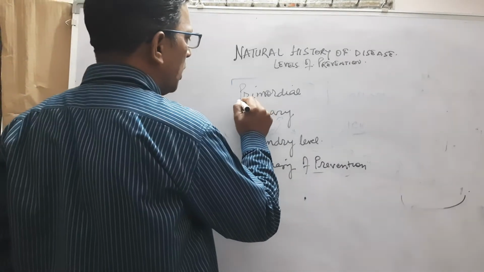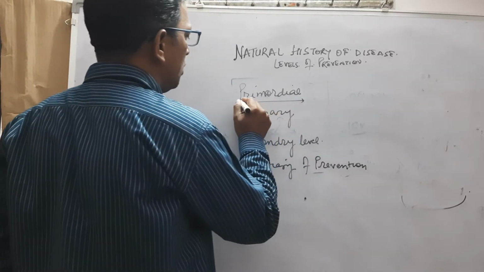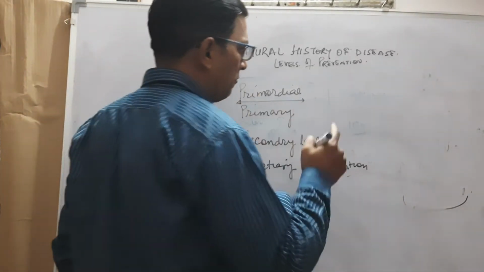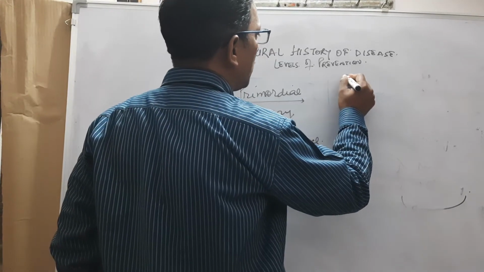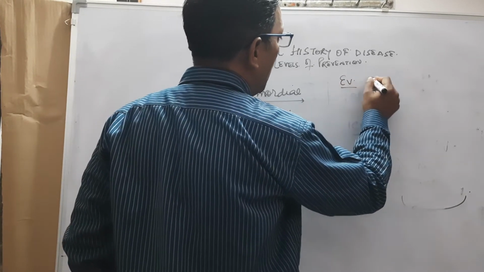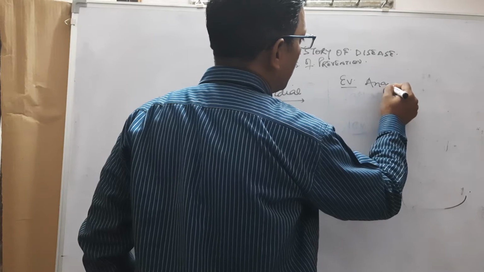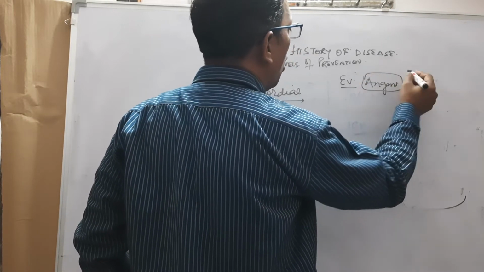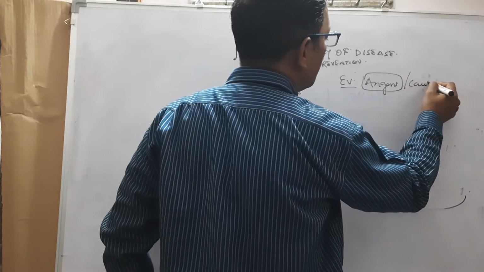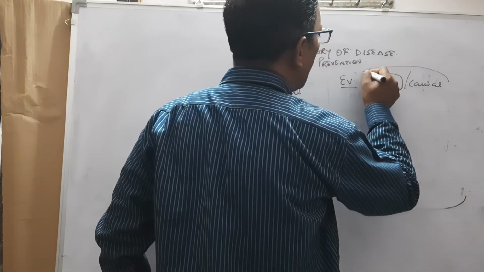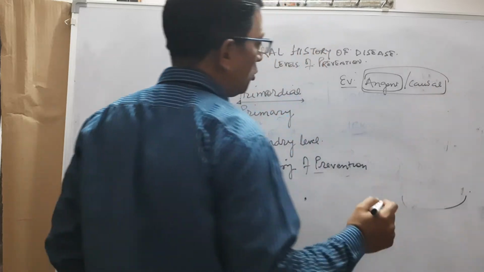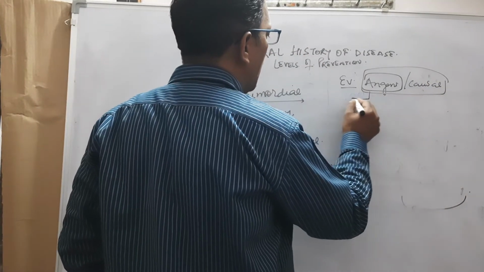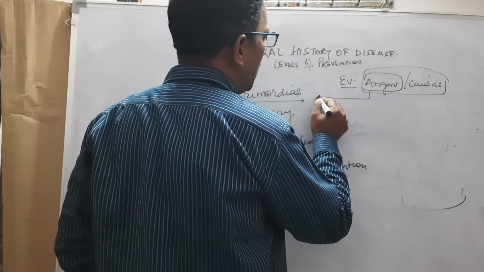First of all, we need to understand when you need to have different levels of prevention. When you do not have an agent or causal factor, though you may have an environment, and then you apply intervention.